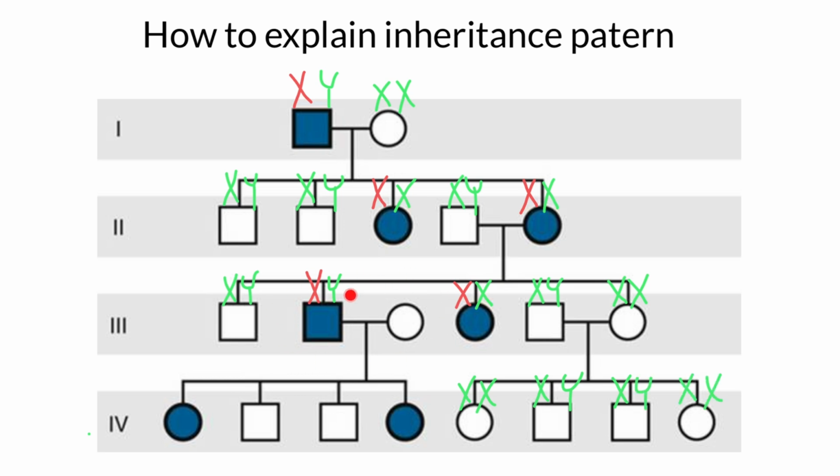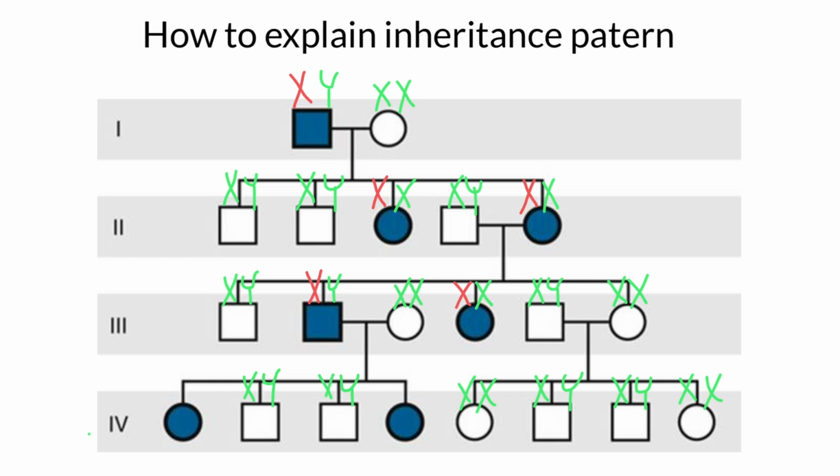And in this couple, in generation 3, we see in their progeny the same pattern as in the first couple in the first generation. So if the male is affected and the female is unaffected and genotypically normal, that means that all male progeny are going to be normal in this couple. So they are going to get a normal Y chromosome from the father's side and a normal X chromosome from the mother's side.